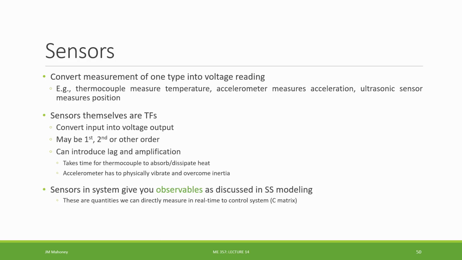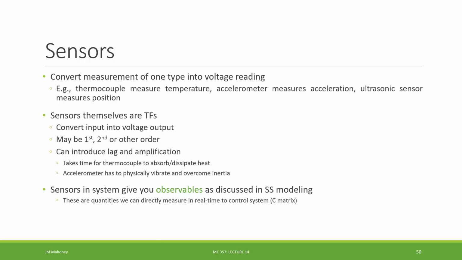As opposed to the A matrix, which puts together how the physics of the system work together. So in a mechanical system, our A matrix might have been comprised of positions and velocities, but we saw in the C matrix, often we were only sensing positions. So the C matrix is all based on the sensors that we have.